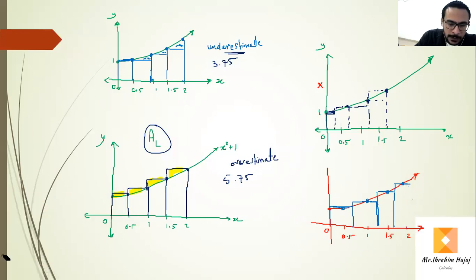You will find that part of the rectangle is above the curve and part is below the curve. So some of them are above and some of them are below, so it's the most accurate. The overestimate and the underestimate are equal.